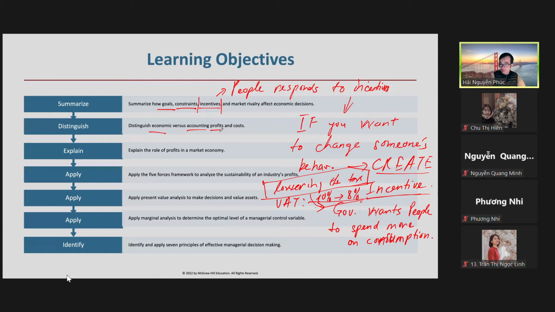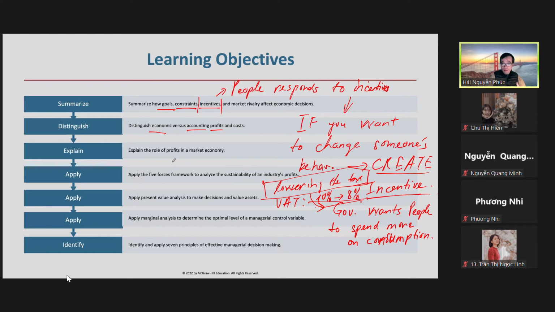Do you know the difference between economic and accounting profits? Hope that you have learned about this in microeconomics. No? All right, that's okay. We're going to talk about this in more detail, all right? And I'm going to give you an example.